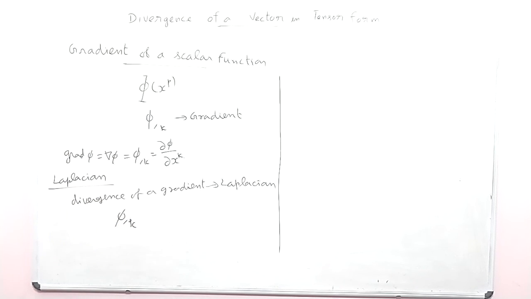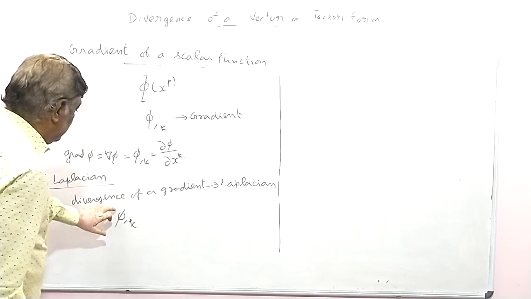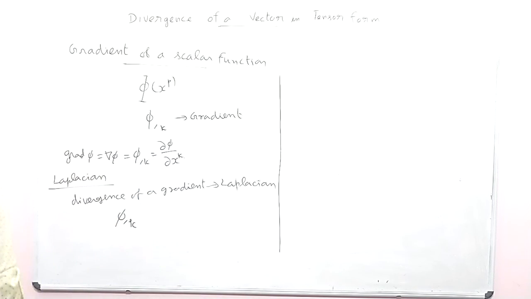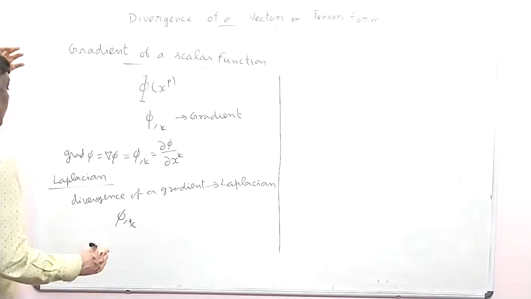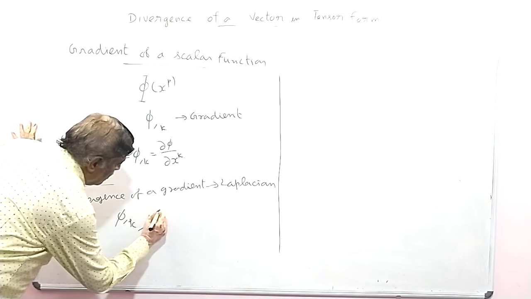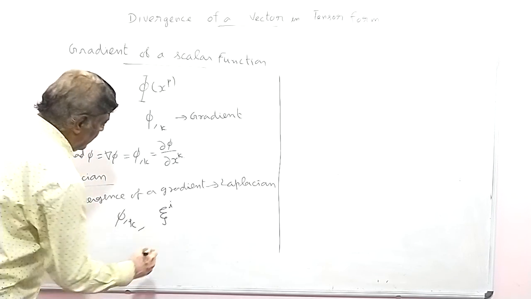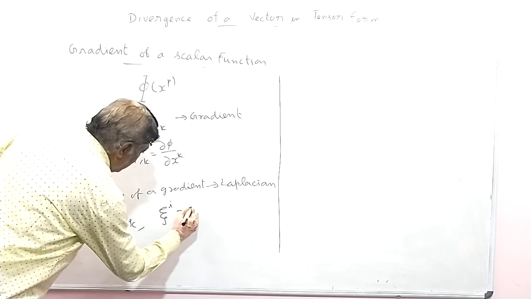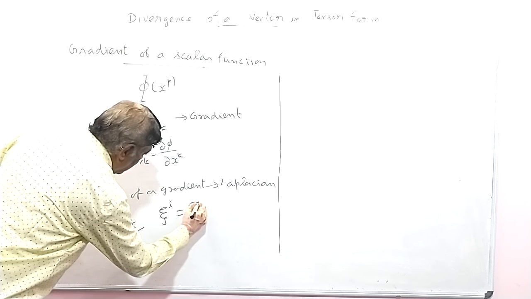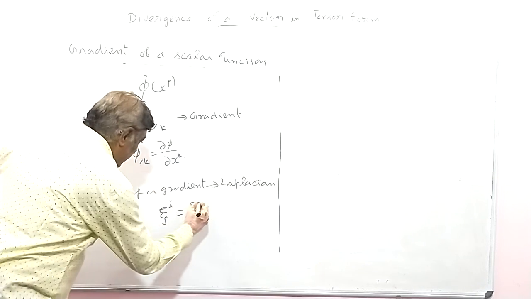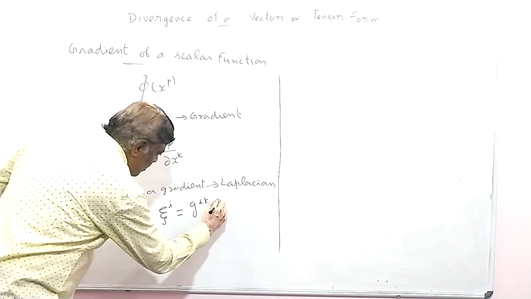This is a covariant vector because d phi by dx k is a covariant vector. Now let us find psi i. This is the contravariant component of a vector, which can be expressed by g ik phi comma k.